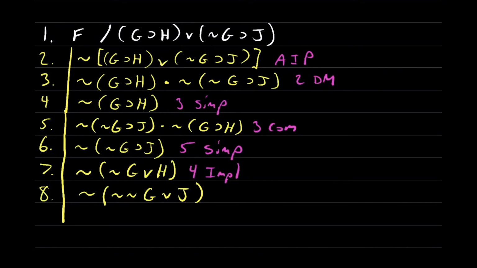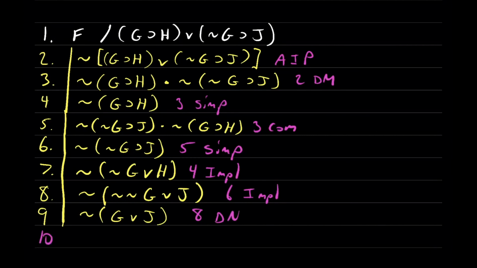That's going to follow from line 6 by implication. And I'm actually going to get rid of that double negation, I think. So let's rewrite 8 as it's not the case that G or J, just to clean things up a little bit. So line 8 by double negation.